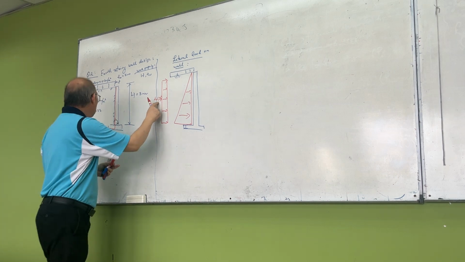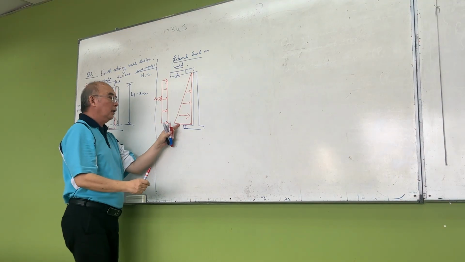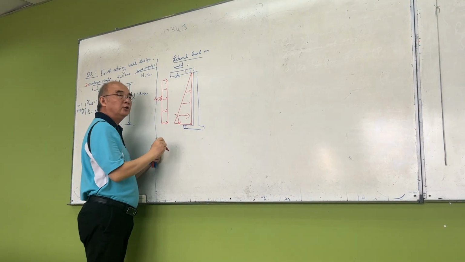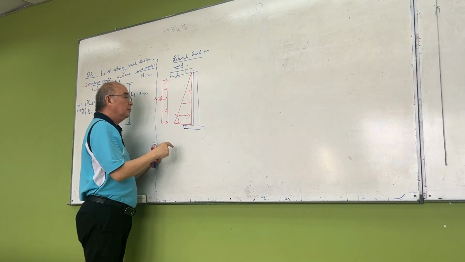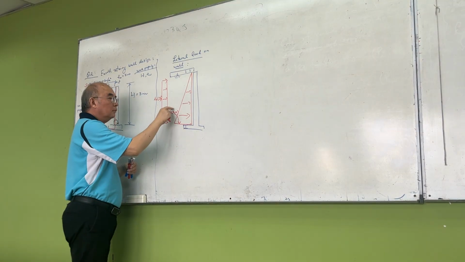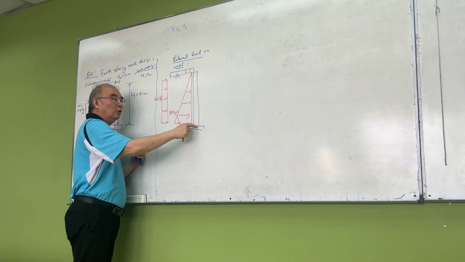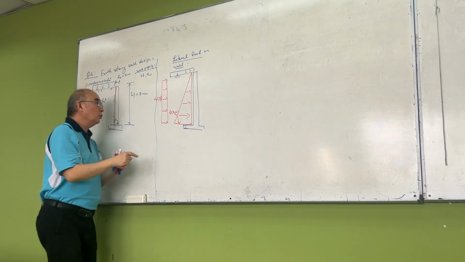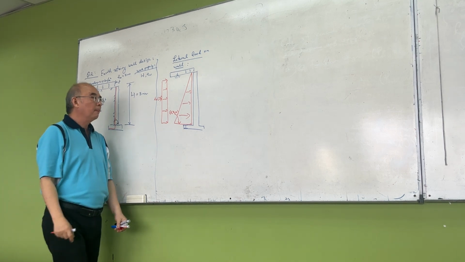Here the soil pressure goes from 0 to maximum, and this maximum is the unit weight of the soil multiplied by the total height multiplied by Ka. So that's why I give you this one and this one.